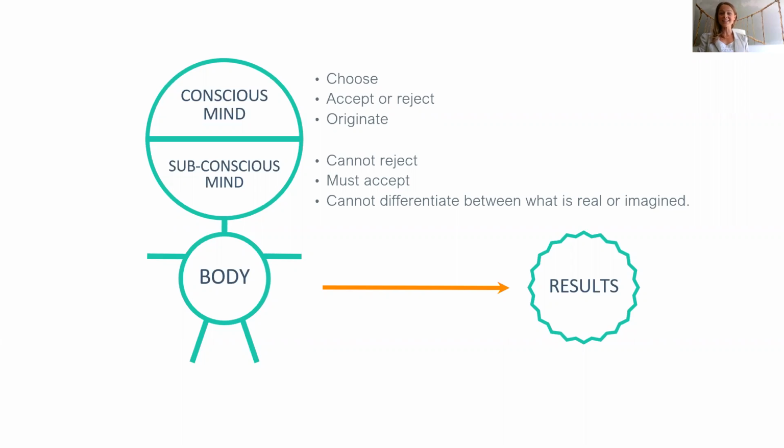But your subconscious mind, like it says, cannot reject, it must accept. So if you tell yourself something over and over, I'm not good enough, I can't do this, this wouldn't make sense, I shouldn't, it's not possible, whatever you're continuously telling yourself is what your subconscious mind believes. Whatever you're repeatedly telling yourself with belief and emotion is what you accept into your subconscious mind.